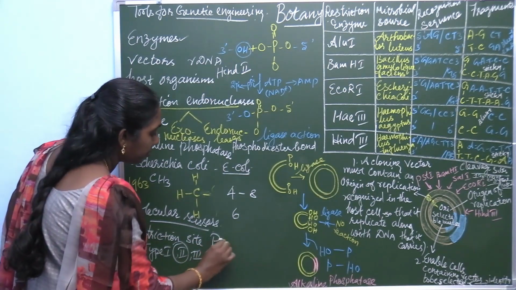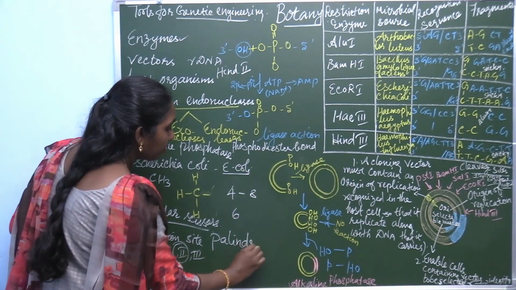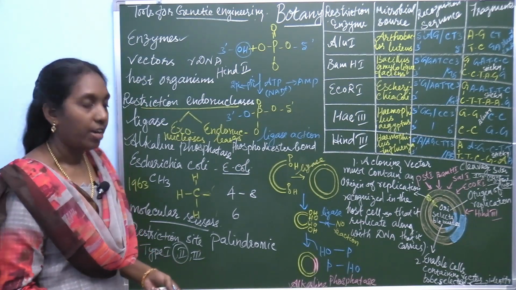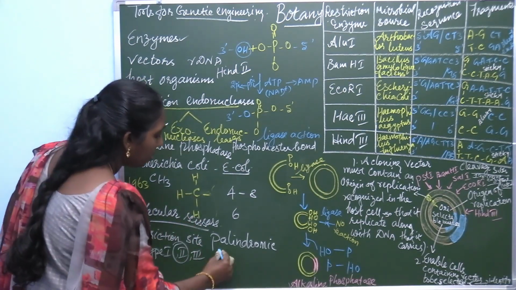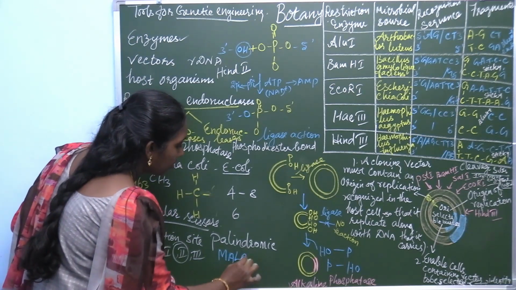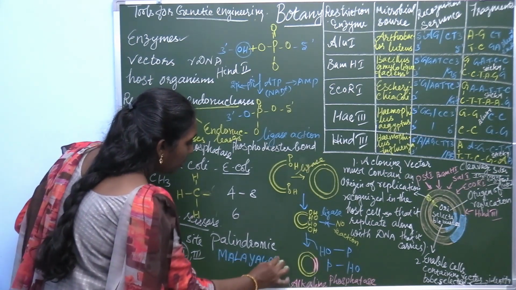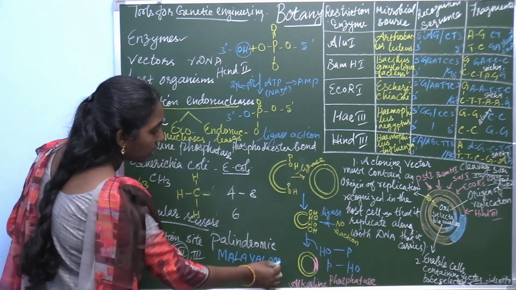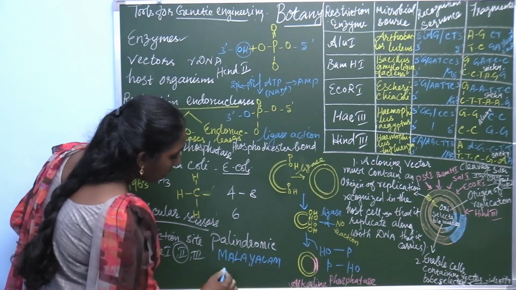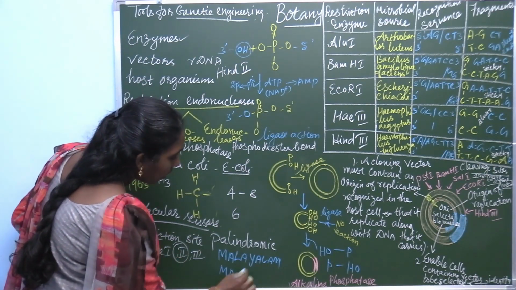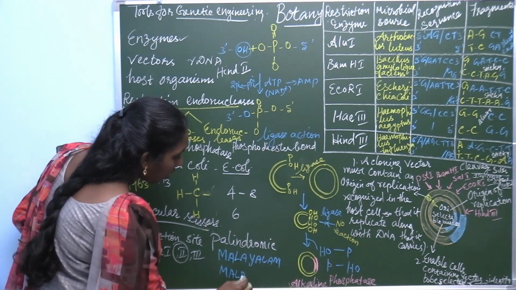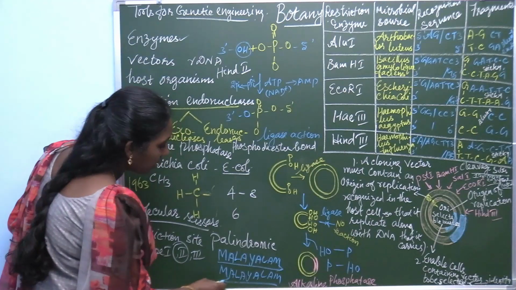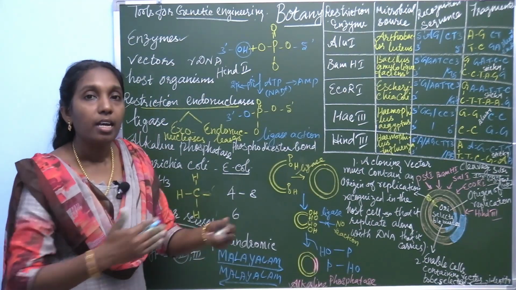And usually these restriction endonuclease sites are palindromic in nature. What is palindromic? There is a phrase, Malayalam. See, in this phrase, whether you read in this direction or this direction, when you write from here, M A L A Y A L A M, both sides, this direction and this direction, it reads the same.